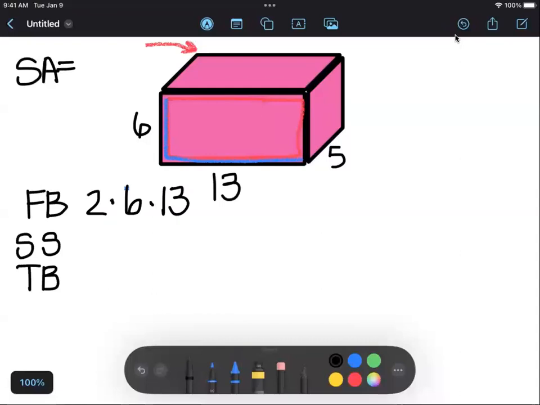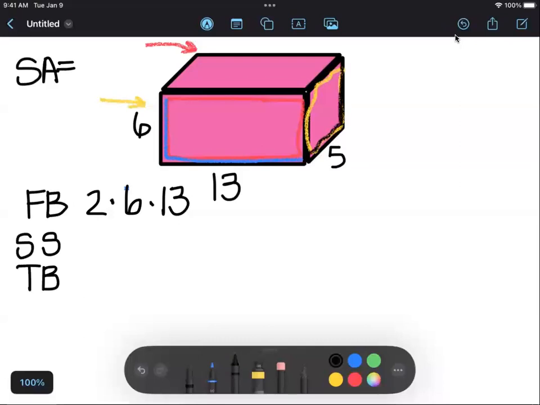Okay, so for the next one, we're going to do side. So let's find one side that we can see, and that would be right here. Here's one side. There's an identical side over here that we can't see, but it's going to be the same. Now we know the length. Let me find another color for this. The width or the length is 5.